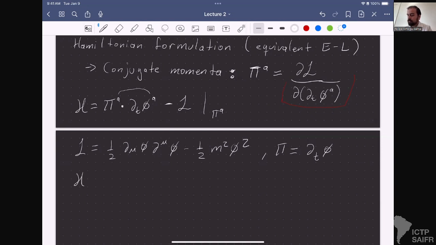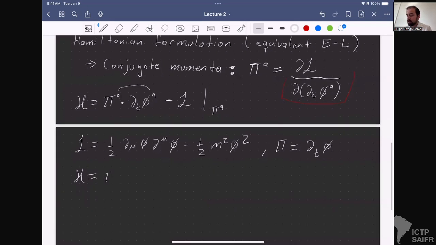With that, you can calculate your Hamiltonian, which is going to be pi times the derivative with respect to time of the field, which on its own is capital pi, minus the Lagrangian. And then we're going to substitute this so that we have only terms that depend on pi, and we don't have any terms that depend on the derivative with respect to time of the field.